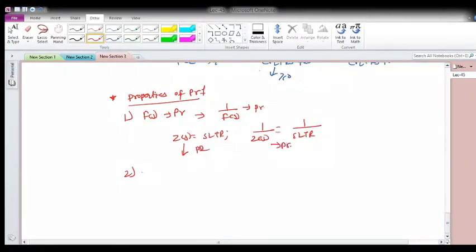The next property is that the sum of PR functions is also PR. For example, if f1 is PR and f2 is also PR, then if I do the sum of f1 and f2, this will also be a positive real function. Why?